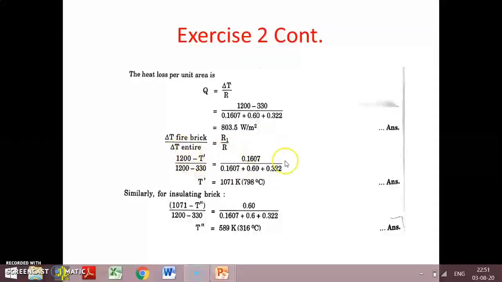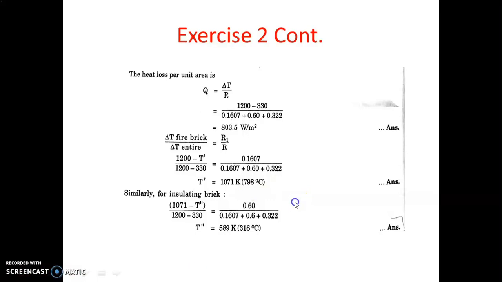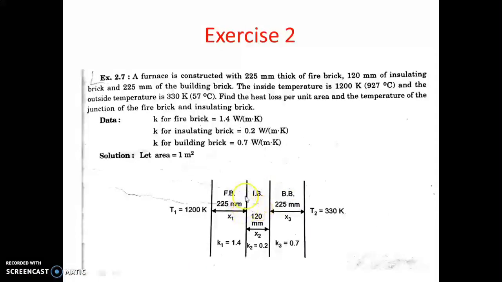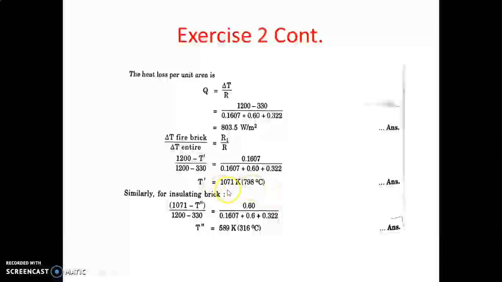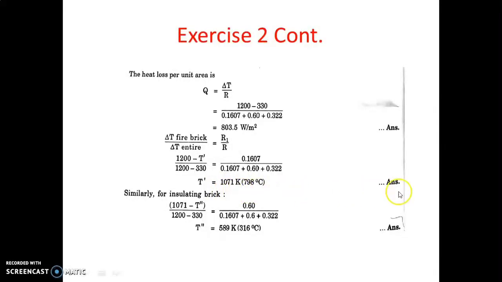By making this equation, we can calculate T dash. We know R1, we know R, we know the entire temperature difference delta T, and the temperature difference for the fire brick is 1200 minus T dash. So solve this equation and we get T dash, that means the temperature of this junction, which is equal to 1071 Kelvin.